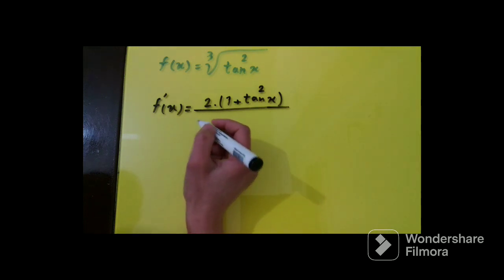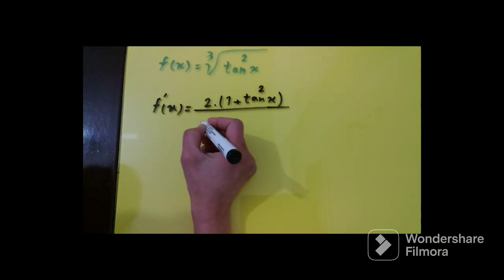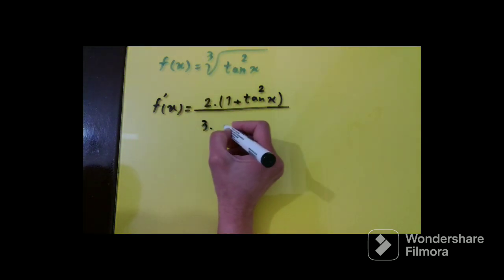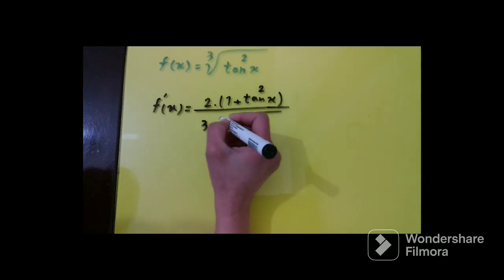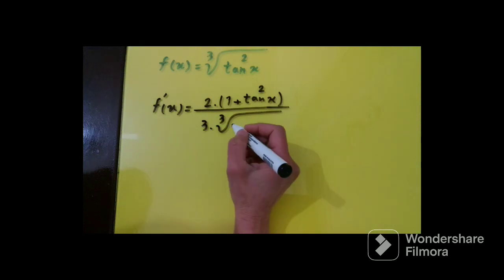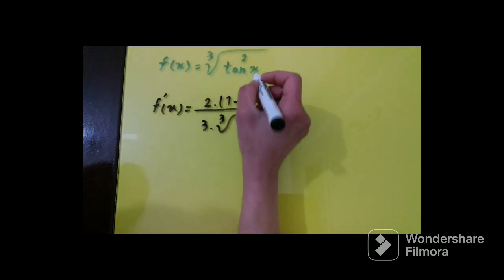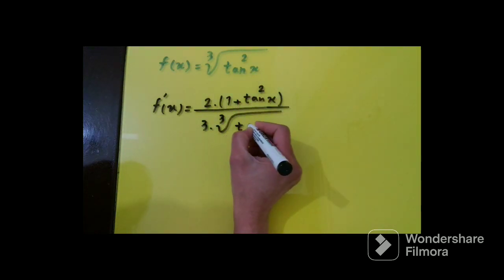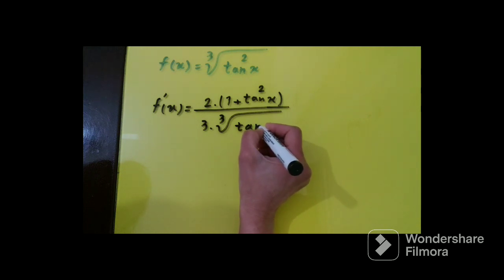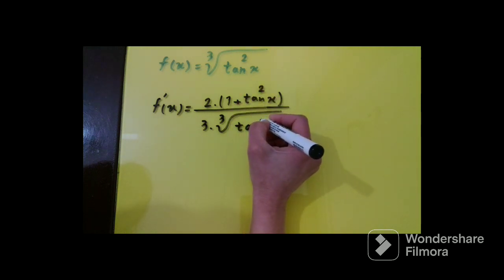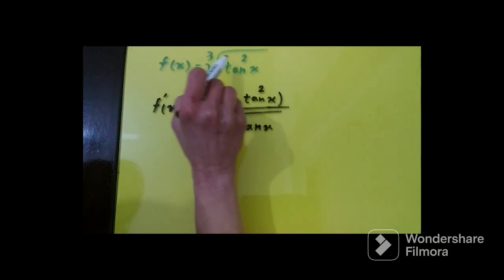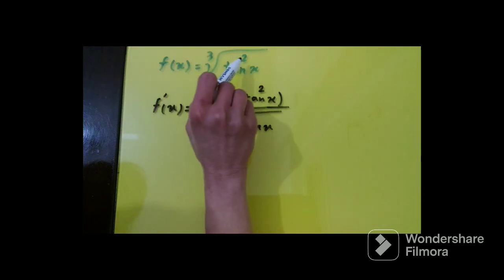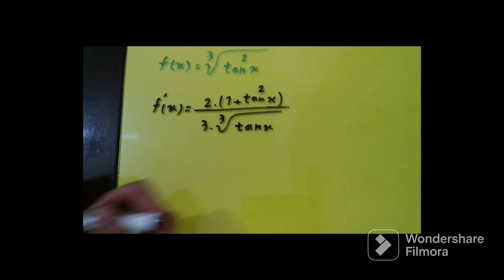For the down, you should write m times m again. Repeat u, tangent. For the power, you should put m minus n, 3 minus 2. It's 1.